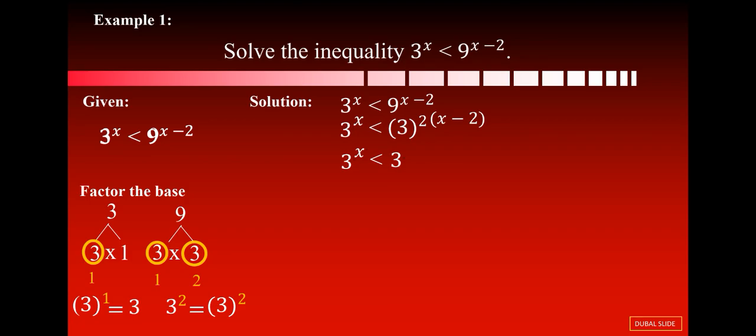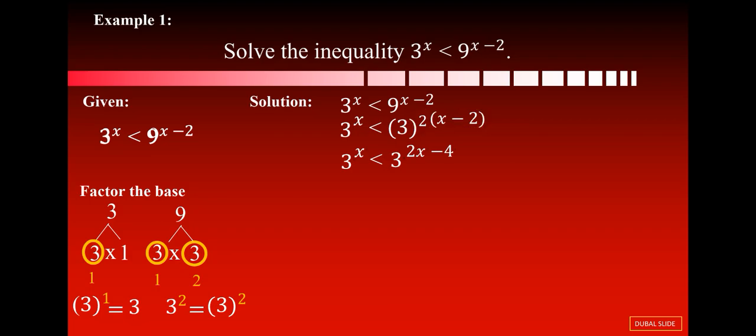But for our exponent, we are going to multiply it, or distribute it to the inside expression, which is x minus 2. So as a result, 2 times x is equal to 2x. Then 2 times negative 2 is equal to negative 4.